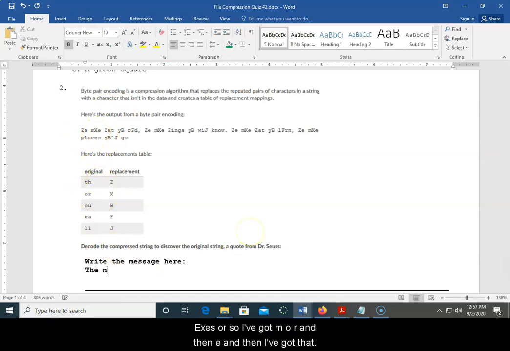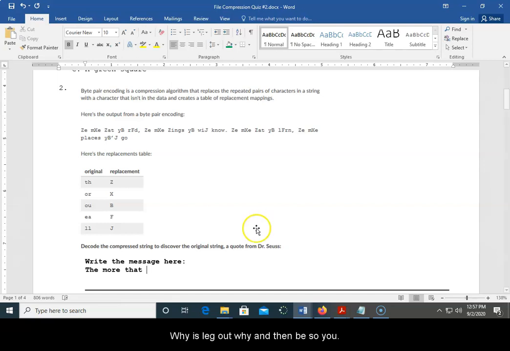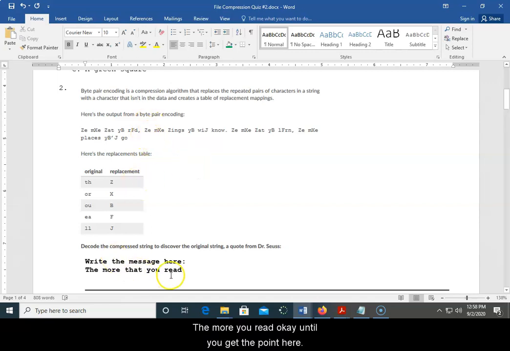So I've got M, OR, and then E. And then I've got THAT, Y is, I got Y, and then B, so OU. The more, U, R, and then F is EA, so R, EA, and then D, so the more you read. Okay, and so you get the point here.